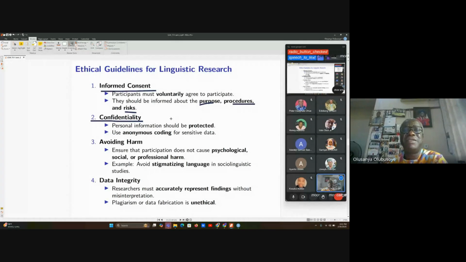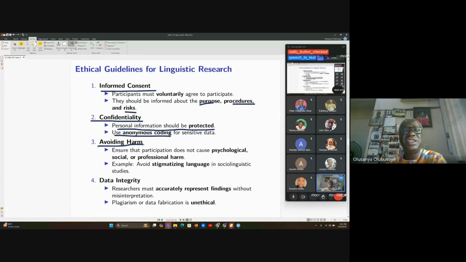Then confidentiality. I've talked about that. Personal information should be protected. You can use anonymous coding to protect sensitive data, to hide sensitive data.